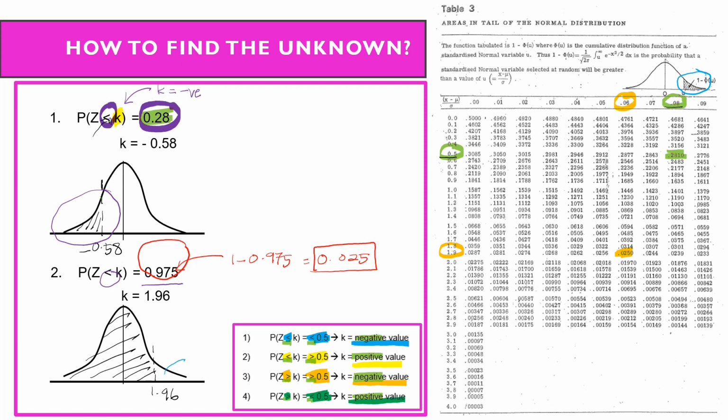So here, at 1.96, what is the probability value? 0.025. Therefore, here is 1 minus 0.025, which is equal to 0.975. Therefore, k equal to 1.96 is a correct answer.